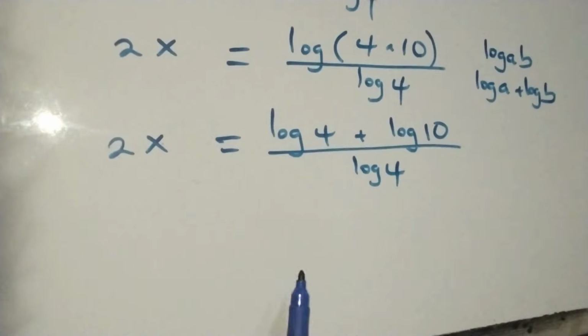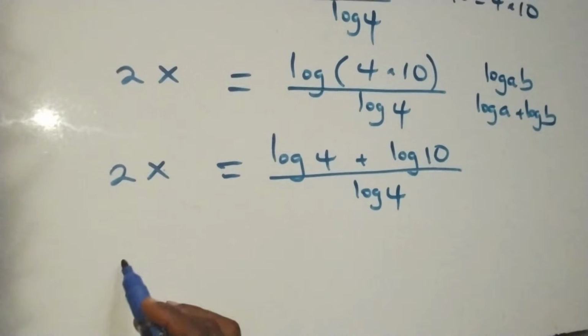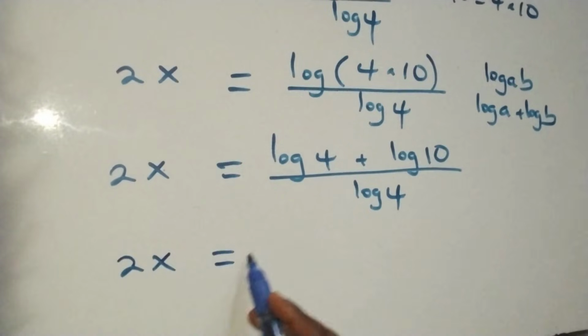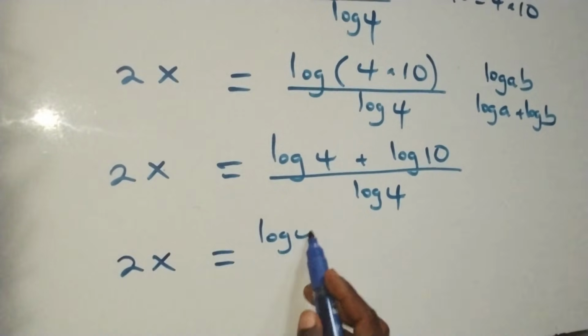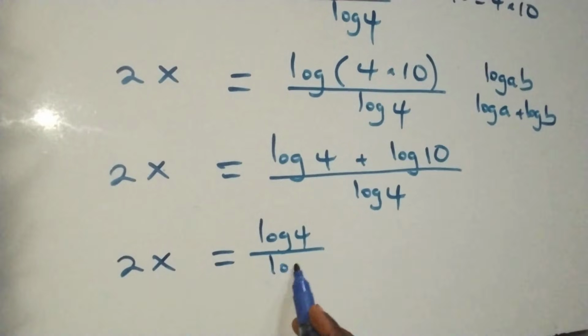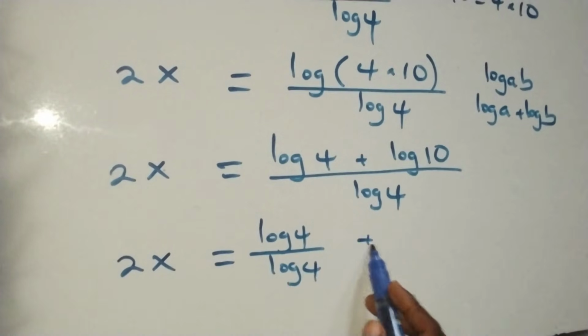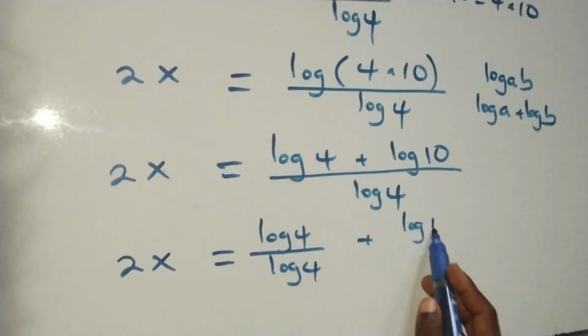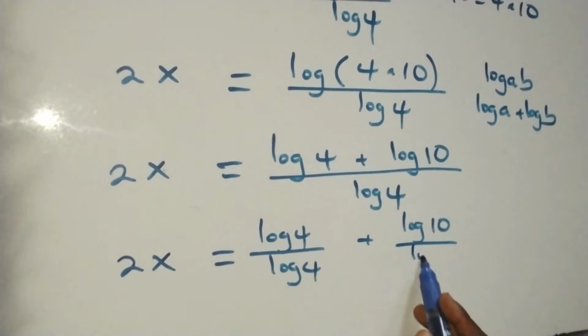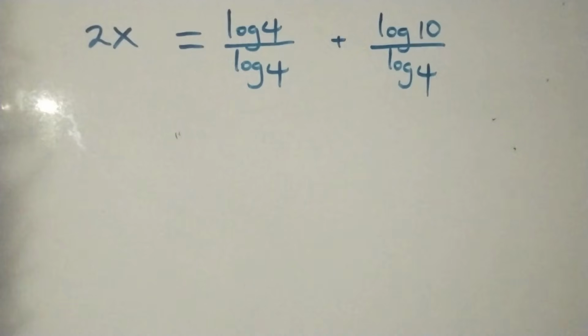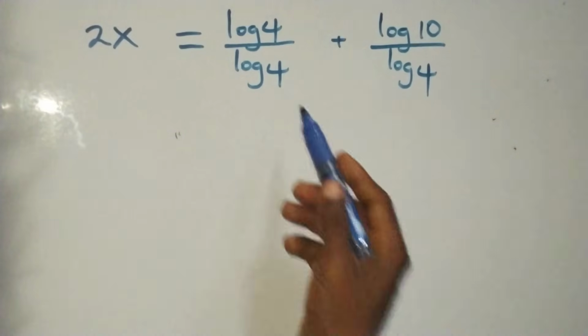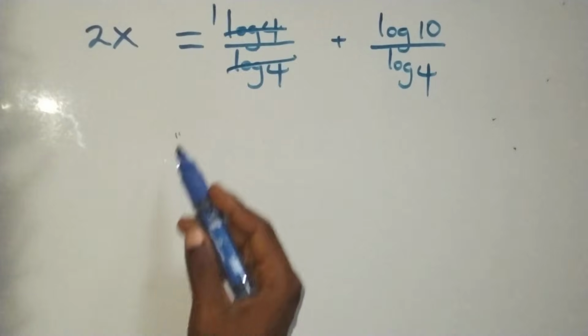And here, separate this into two fractions. This becomes 2x equals log 4 over log 4 plus log 10 over log 4. Here log 4 cancelled each other, and one is left.